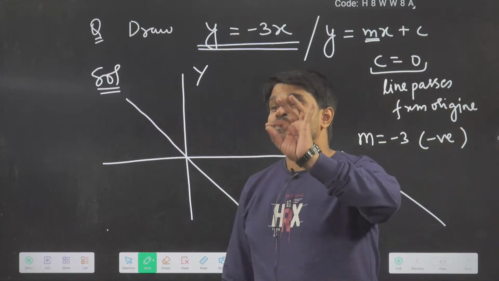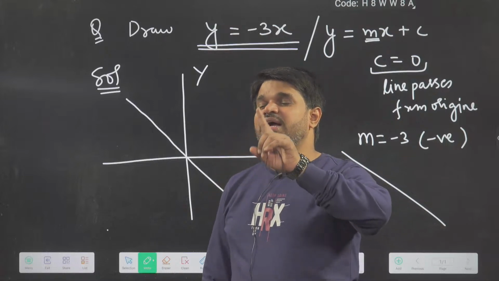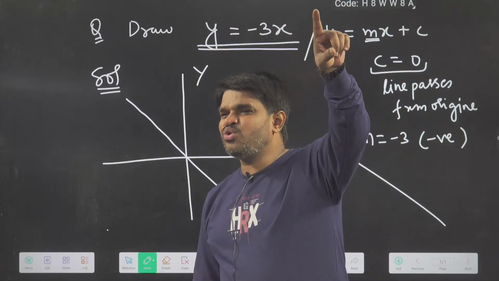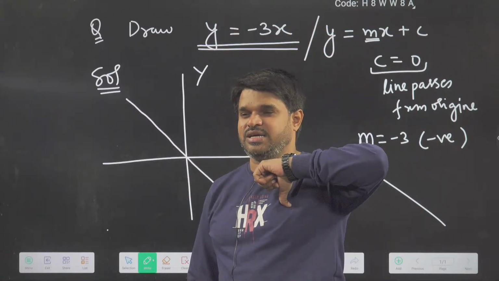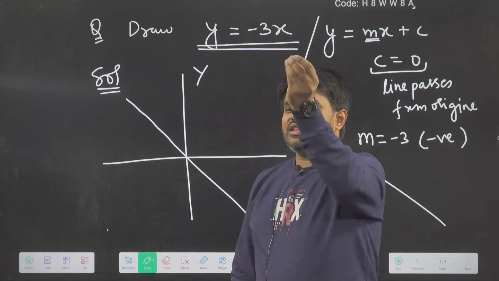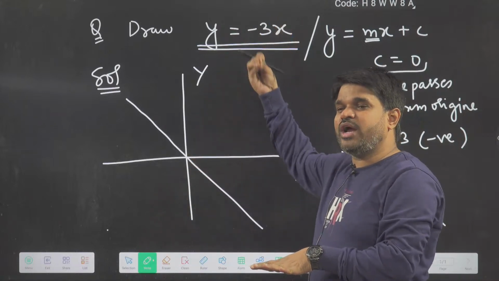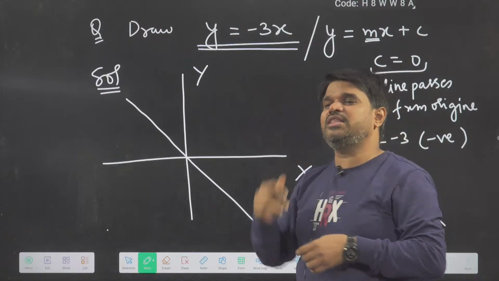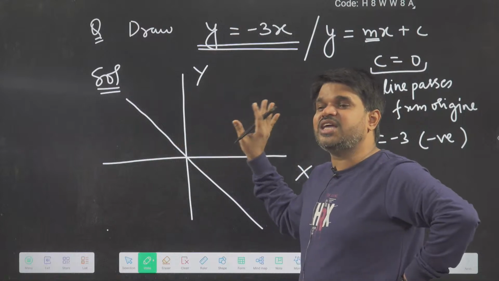See, in physics, you are not going to draw the graph on graph paper. You need not know the actual coordinates or actual points from where the line is passing. There will be a question with 4 options. Based on the given equation, if you can predict what kind of line you are going to have, you have to tick that option. So no one should worry about whether the line is scaled or not.